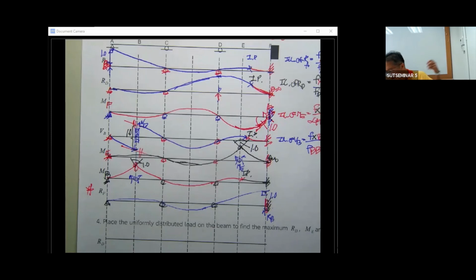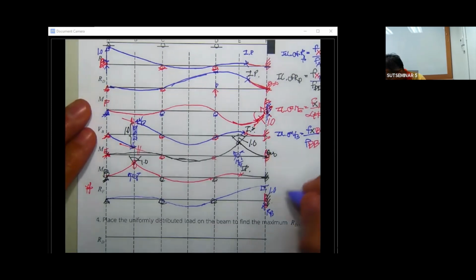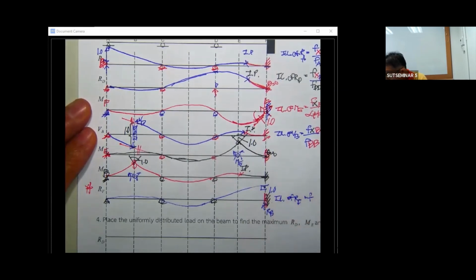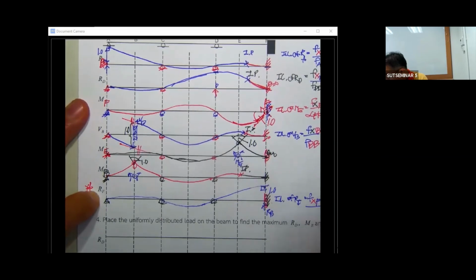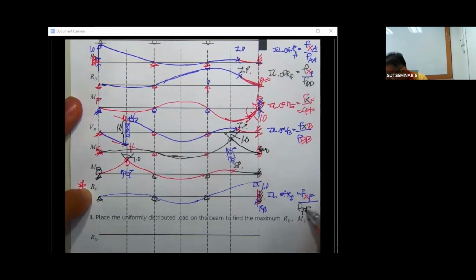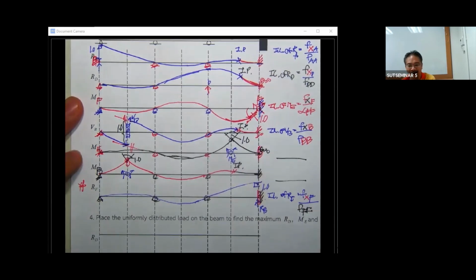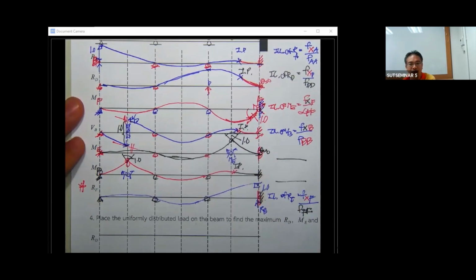Okay, R sub F. And then this is going to be the influence line of R sub F equal to the deflection at point X due to the force at F divided by the deflection at point F due to the force at F. Okay, so let's go back and push it together.